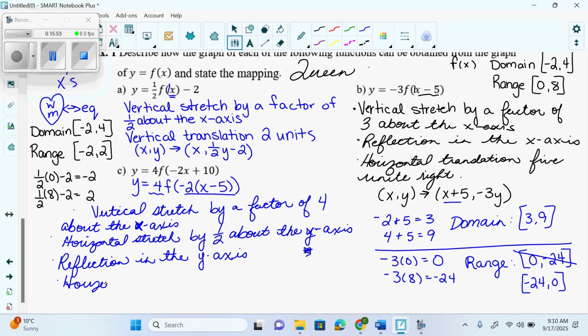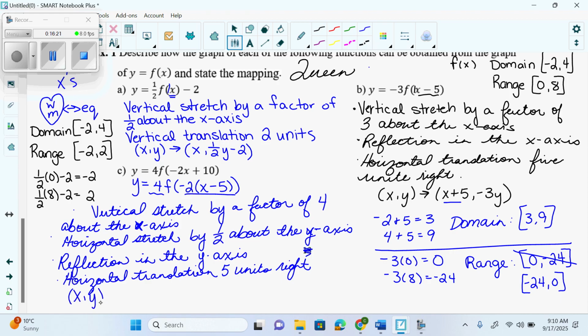Ooh, that's really dicey. If this was you first learning, I would not be writing this in messy fashion, but I don't care right now. Translation, 5 units, right. Okay, our mapping.